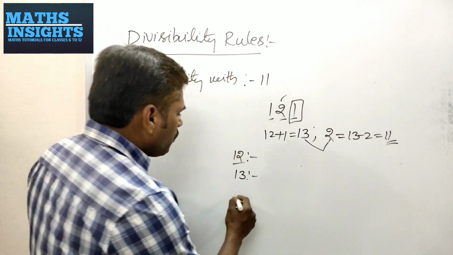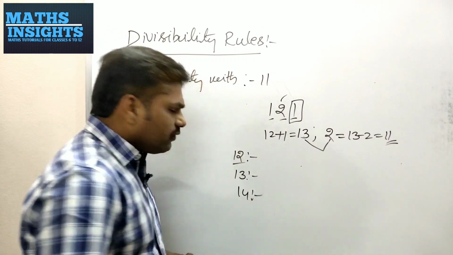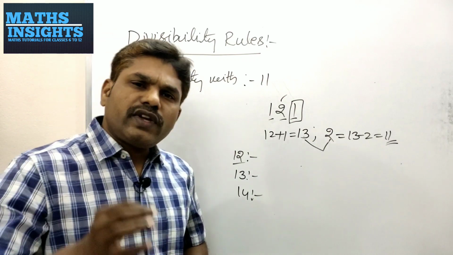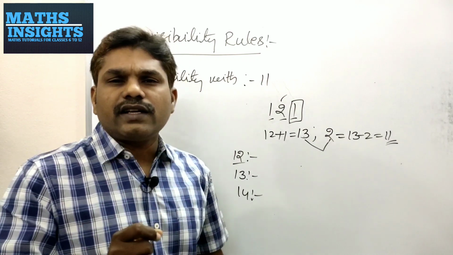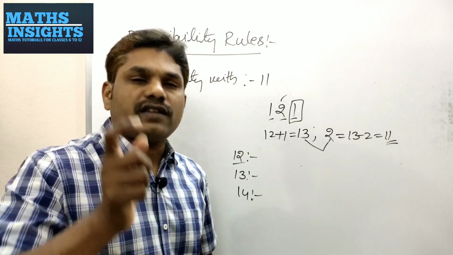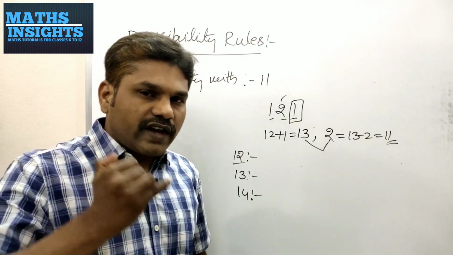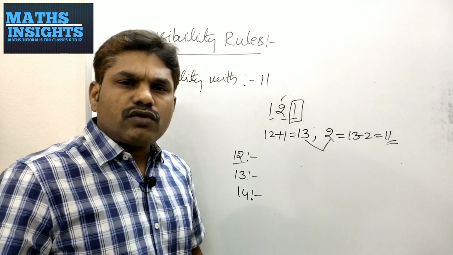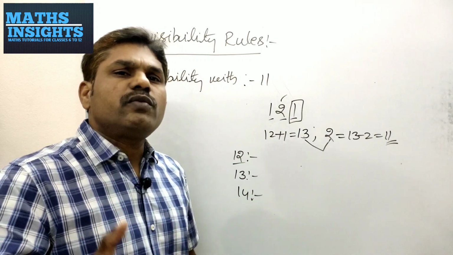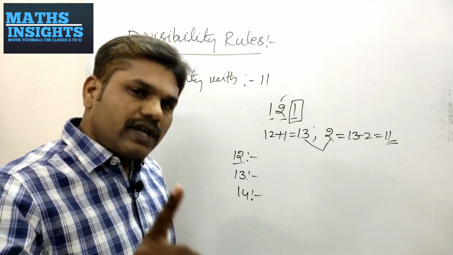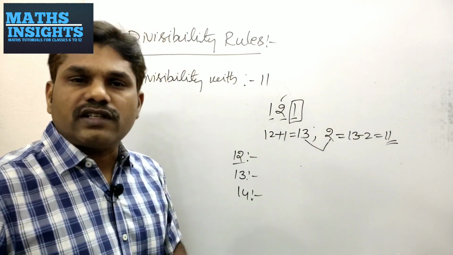Coming to 14, whenever you want to check the divisibility of any number with 14, you have to check whether it is exactly divisible by 2 and 7. Why? Because 2 and 7 are factors of 14. So if any number is exactly divisible by 2 and 7, that number is also divisible by 14 itself.